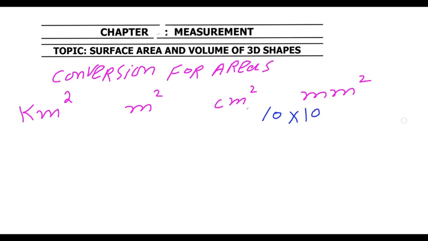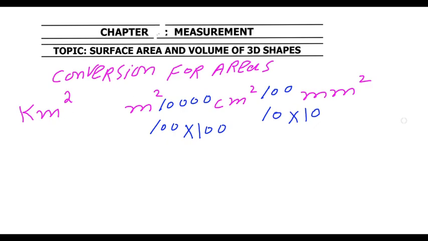This time between centimeter square and millimeter square will be 100. Meter to centimeter is 100, so this time multiply 100 twice, so this is going to be 10,000.